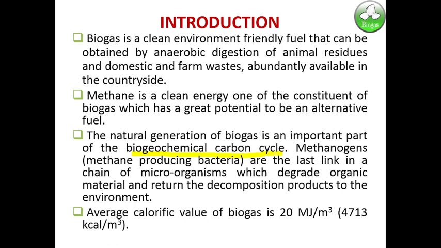Biogas is 70% methane and the rest are different things, so a separate unit can be set up to separate these other gases like carbon dioxide, H2S and water vapor. Then it can be used as a transport fuel for heavy vehicles. So there are different purposes of utilization of biogas.